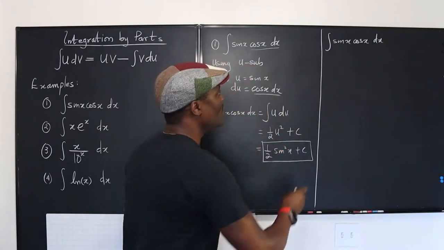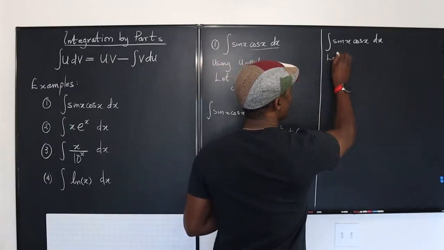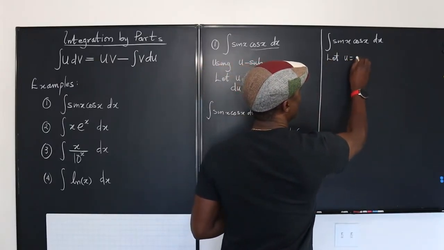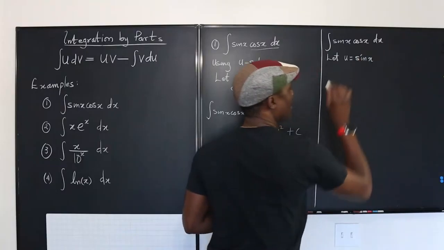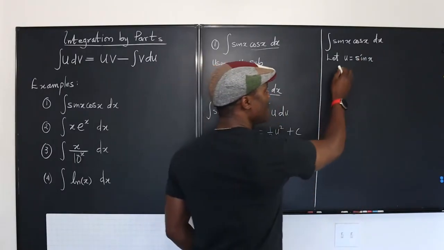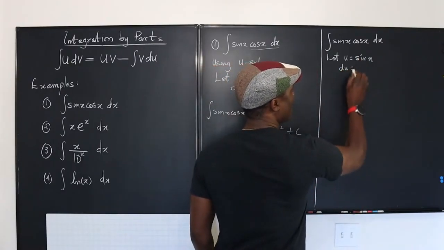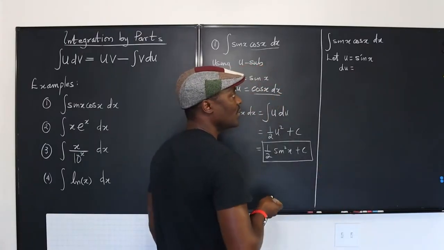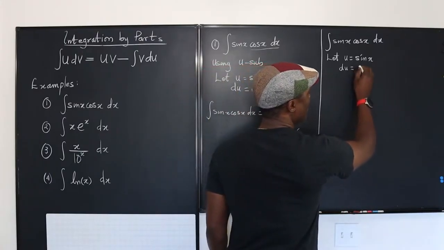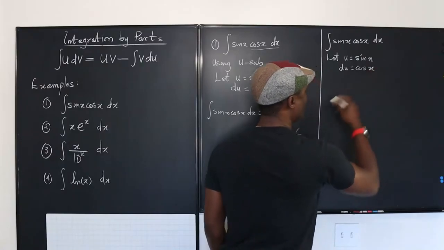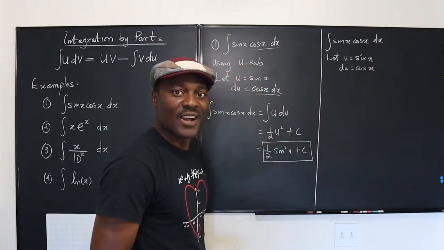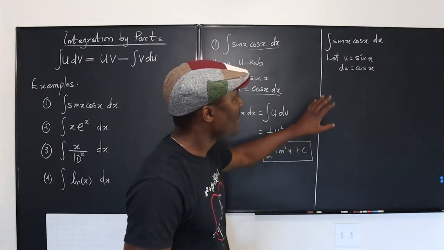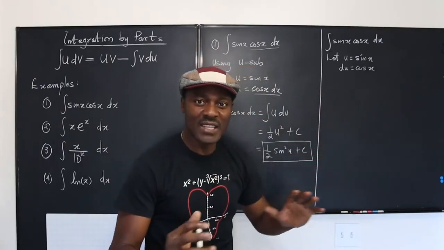So let's go. Let u be sine x. I want you to arrange it this way and immediately write du. What will du be? Well, du will be cosine x, just like we did here. Okay, now, I'm leaving out the whole dx that is attached to it.